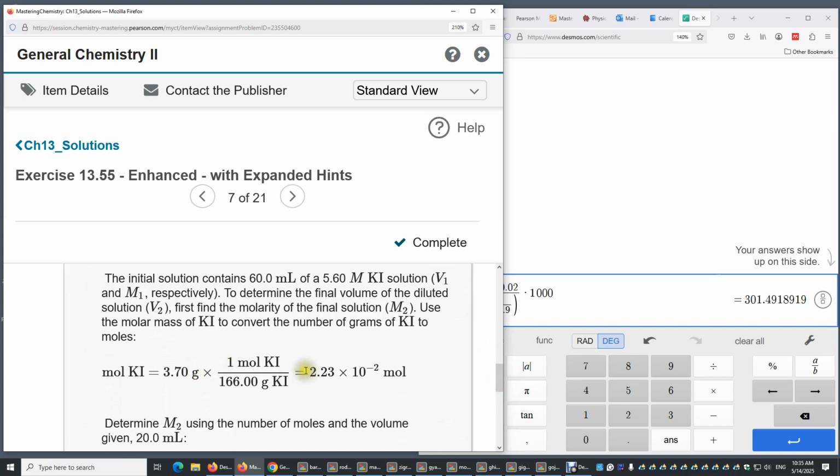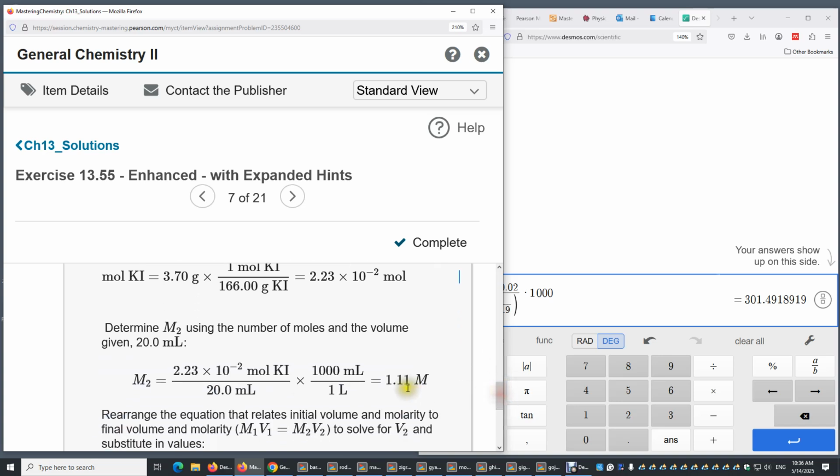So you can see this Mastering Chemistry also calculated the number of moles of KI in this 20 milliliters diluted solution, this much, and this much divided by 20 milliliters or 0.02 liters, you get the molarity, and this is 1.11 moles per liter.